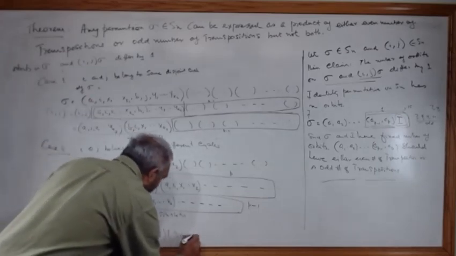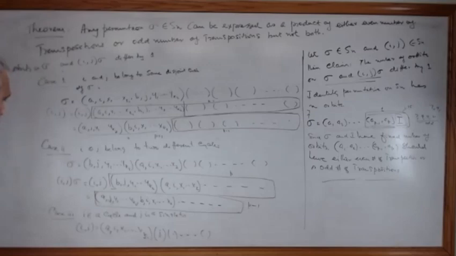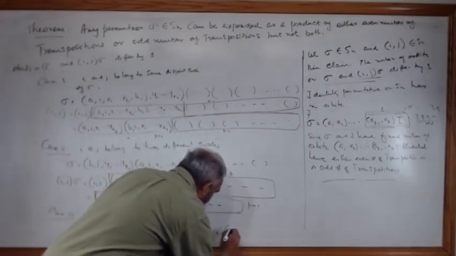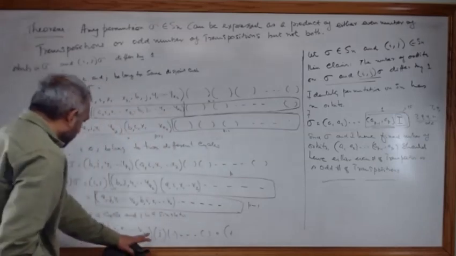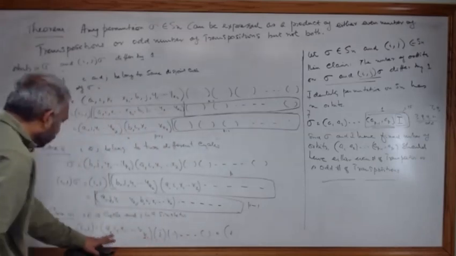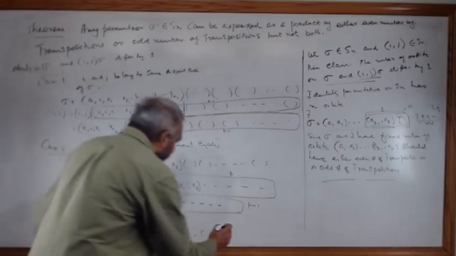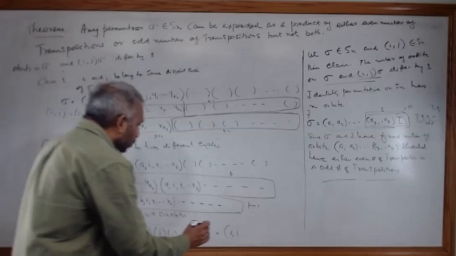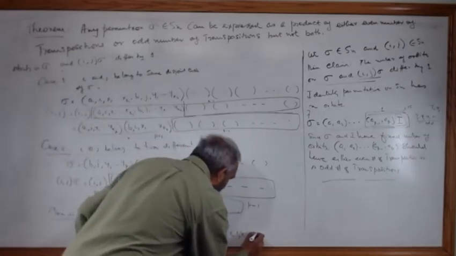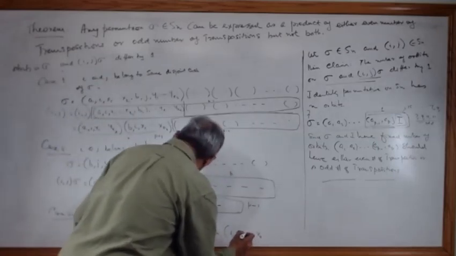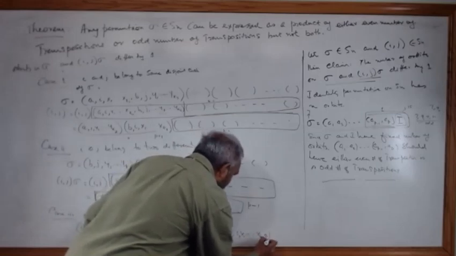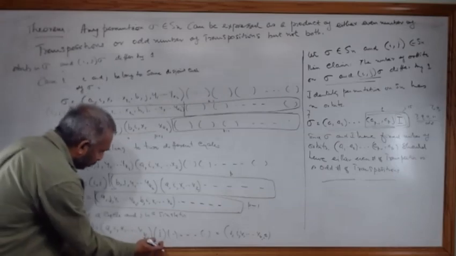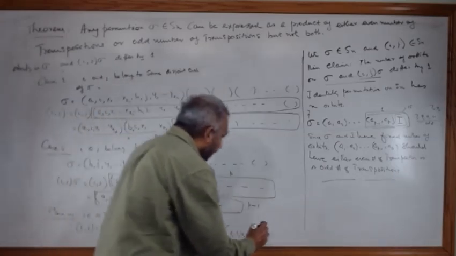And you have several of them. So we'll start from here. So this will be equal to j, and j goes to i, and i goes to x1 ... xk, xk1, and xk1 goes to a. So what you are going to do is you are combining these two together. So this will have p minus 1.